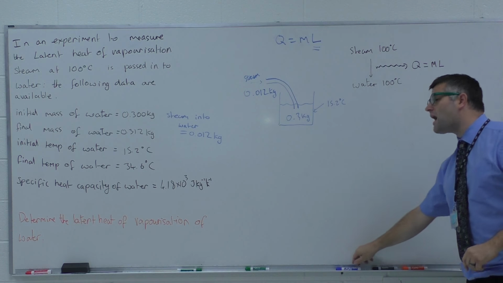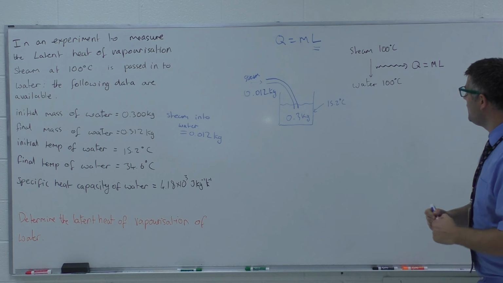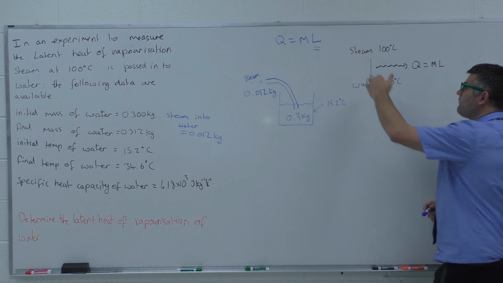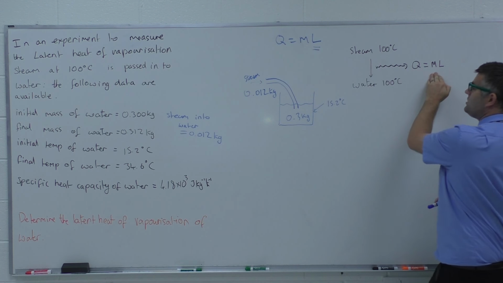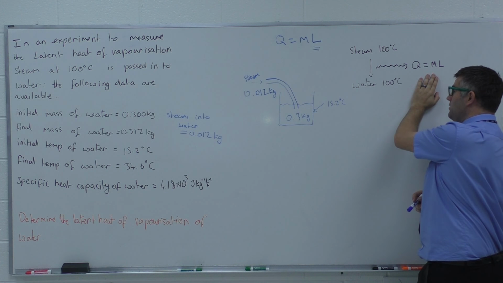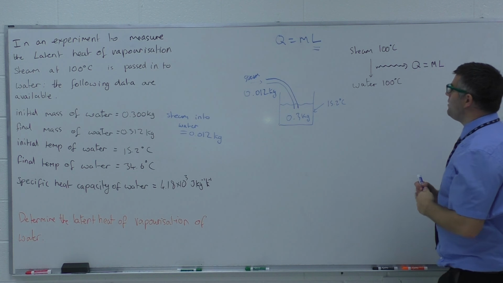But let's analyze the whole thing, because that's not the only source of energy we're getting here. We're going from steam to water, and we're getting the energy that's given off when it drops down to a lower state. So what's now going to happen?